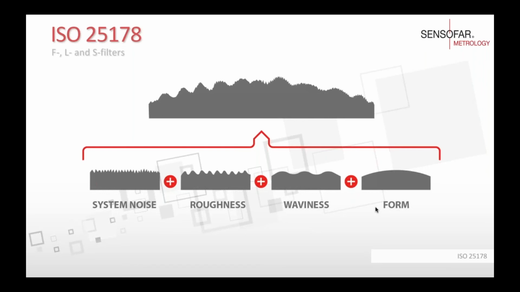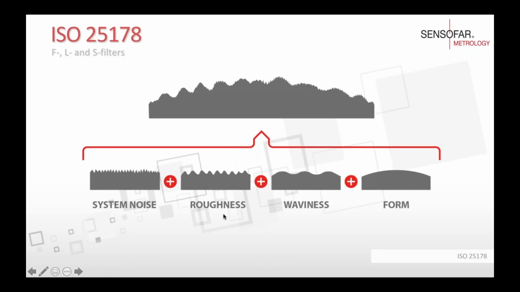Here we have this sample in which we can find very different wavelengths inside of it. We can separate these wavelengths in different groups. The first group would be system noise, in which we find the small wavelengths that are related to the noise of the instrument.